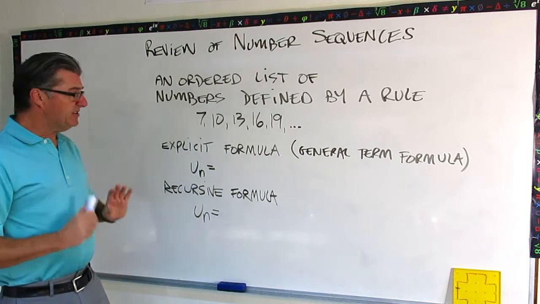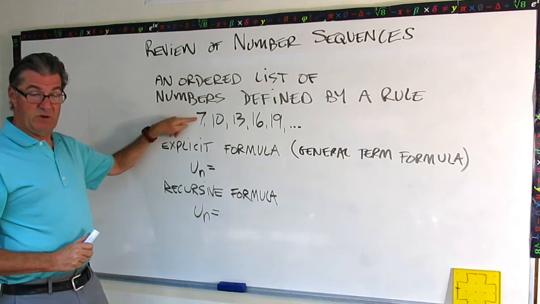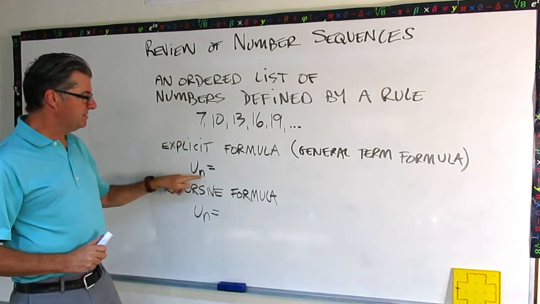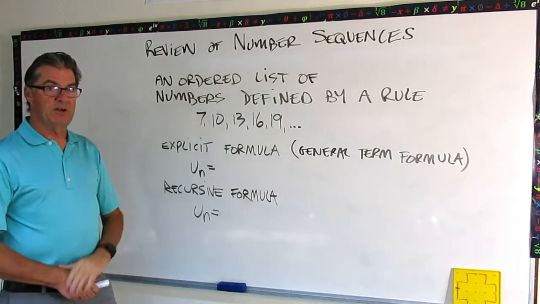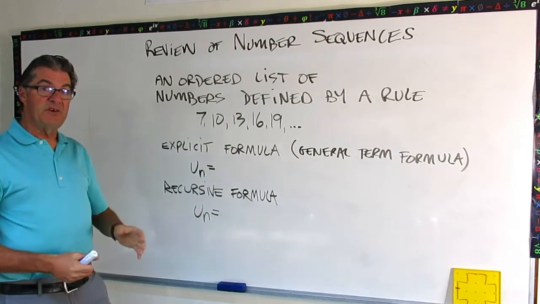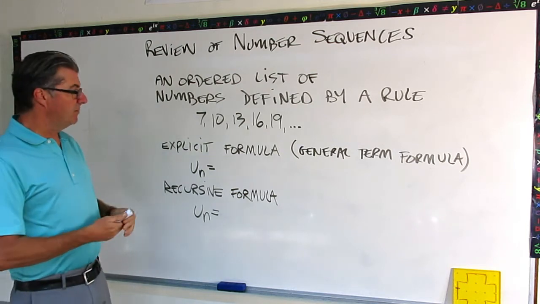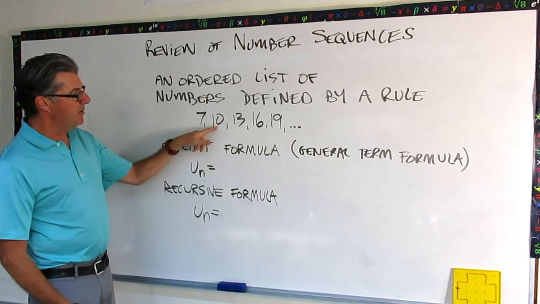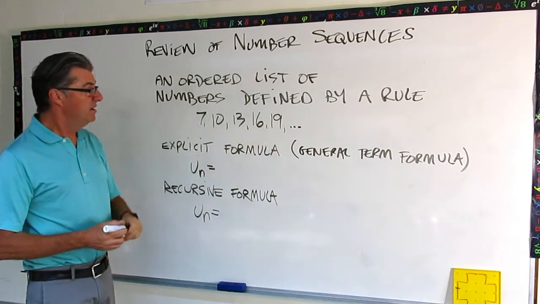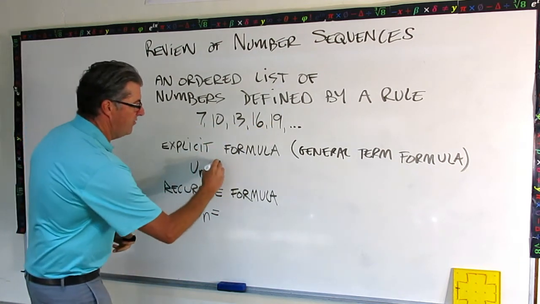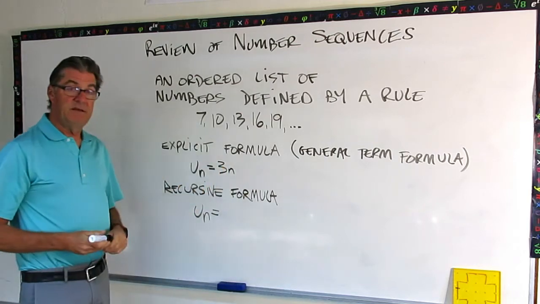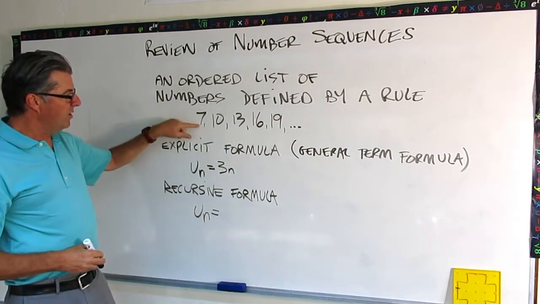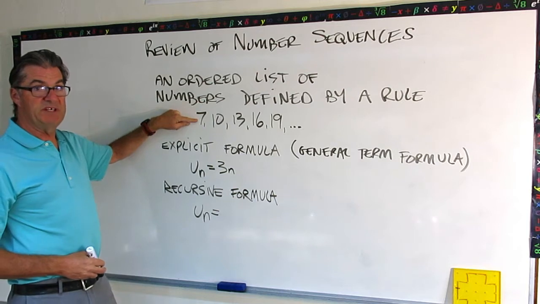So take a sec, stare at this sequence here, and see if you can write the explicit formula for getting the nth term. Okay, so the deal with these is that your multiplier on your n is always the common difference. So it's going to be 3 times n. Now we need to take a look at what we need to do to get the first term to be 7.